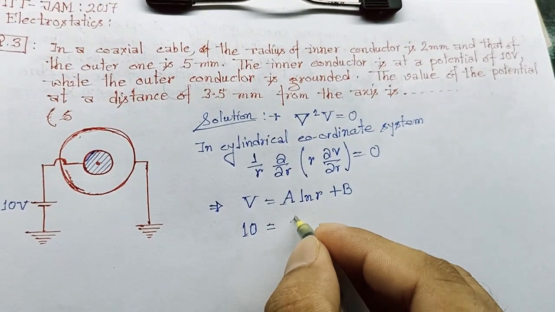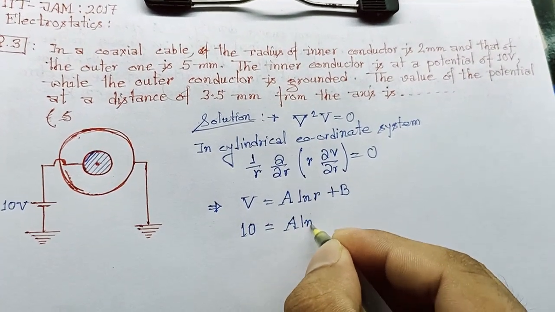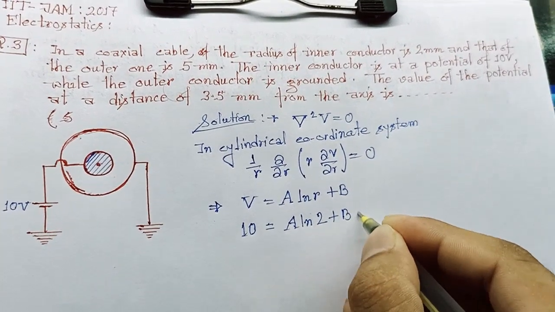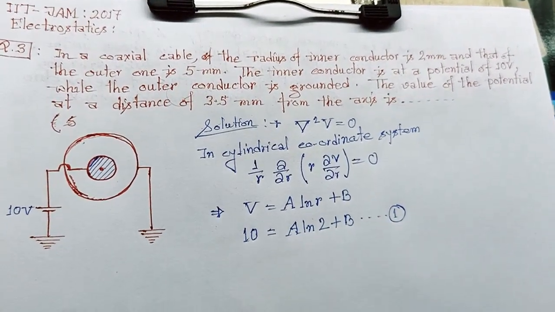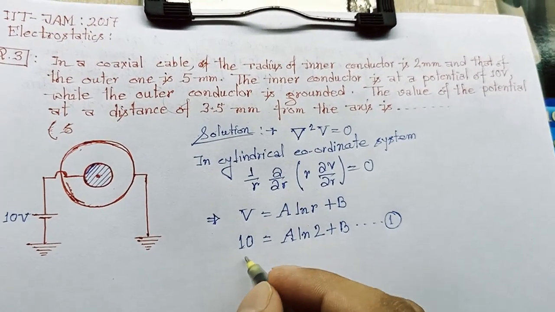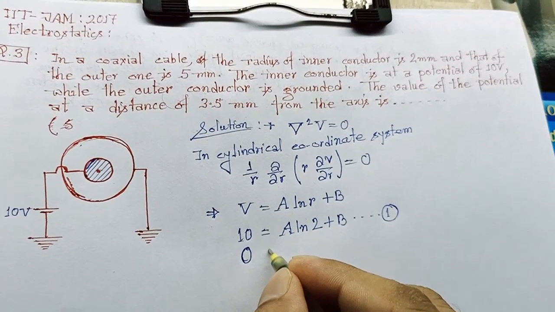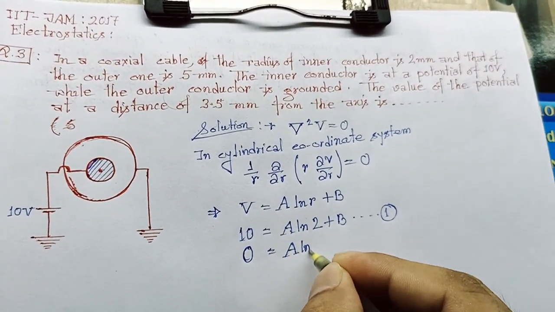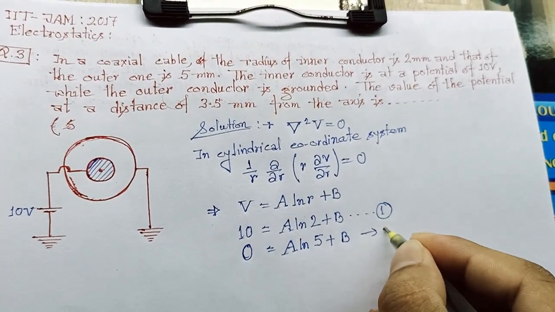So we can write 10 equal to A log 2 plus B. So this is our equation number 1. Again, the outer conductor is grounded. If the outer conductor is grounded, then its potential will be 0. So 0 will be A log 5 plus B. This is our equation number 2.